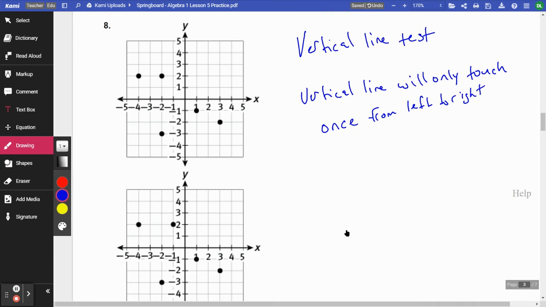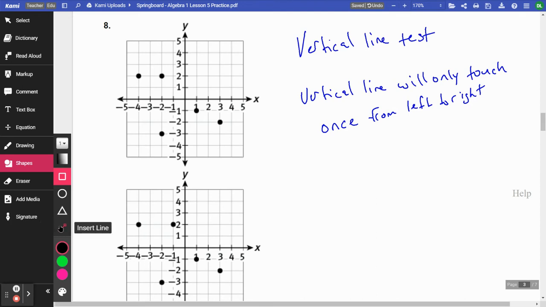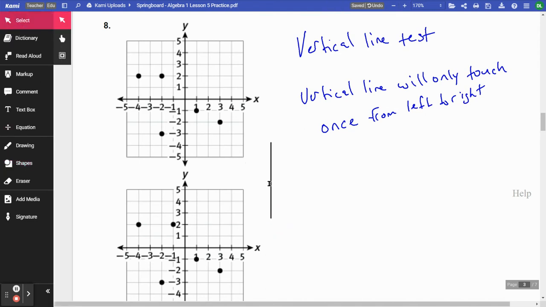So if you have a vertical line, let's see if I can get a shape here. Use a shape as a vertical line. All right, so there is my vertical line. Make it longer.